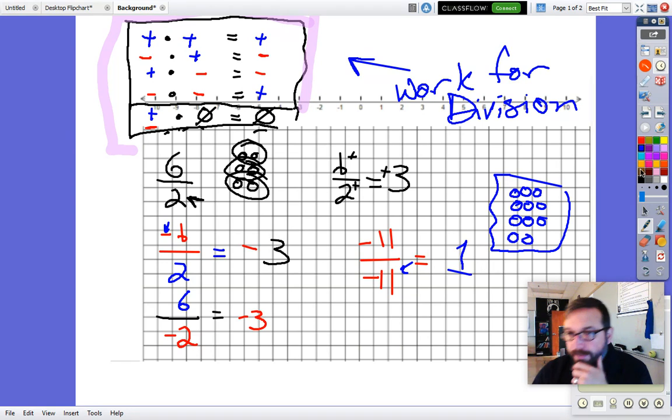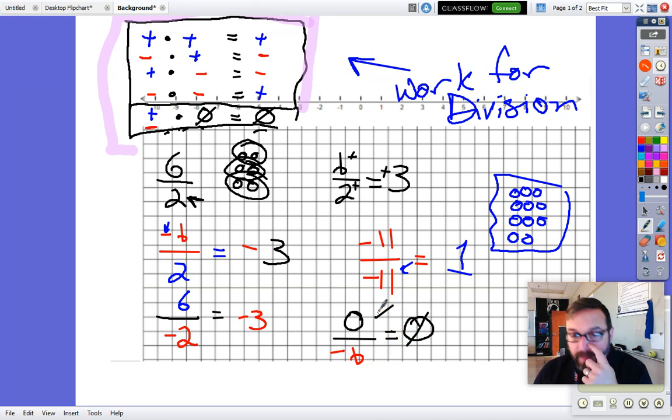One last question. What if I had 0 divided by negative 6? Pause it. Think. Have you paused? I hope so. 0 divided by anything is 0.